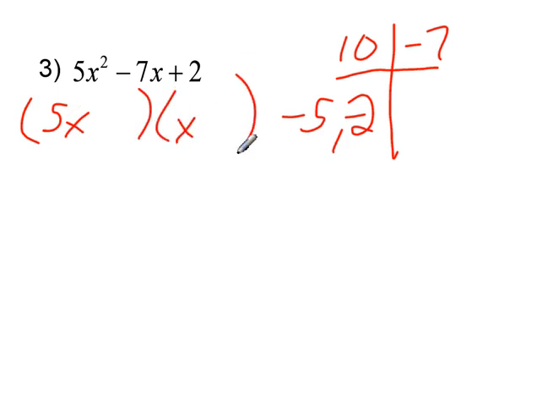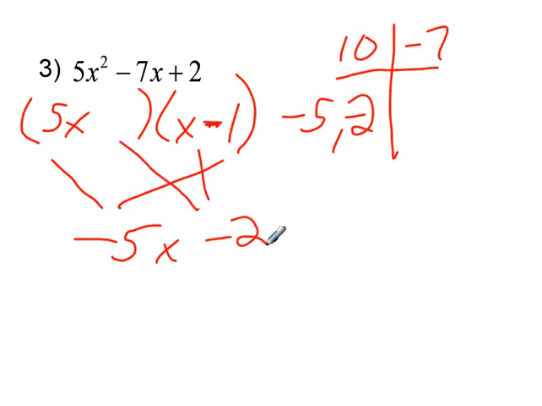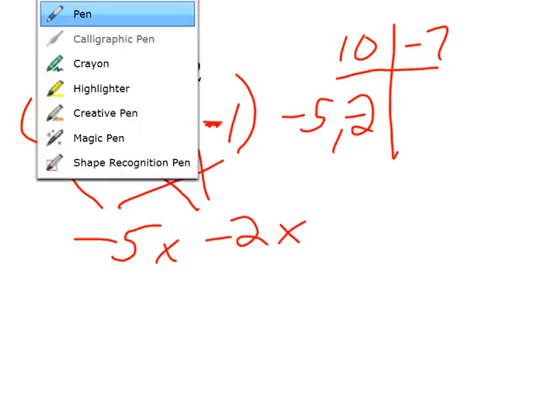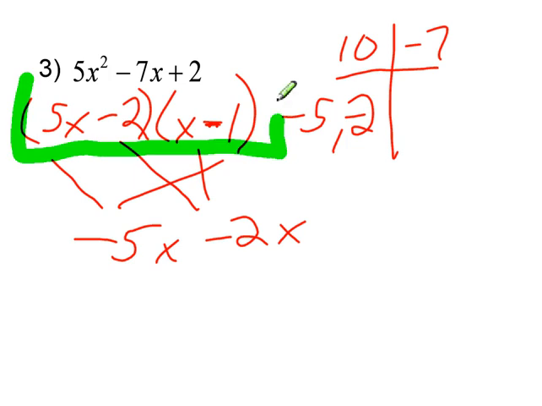Outer times outer has to be negative 5x, so that means I need a negative 1. Inner times inner has to be negative 2x, so I need a negative 2. Last times last is positive 2. There's my answer.